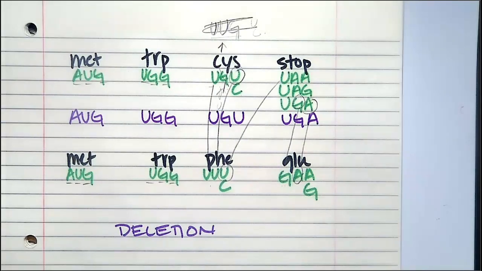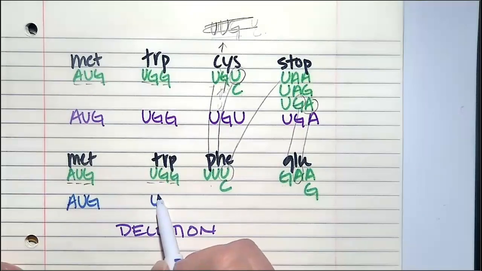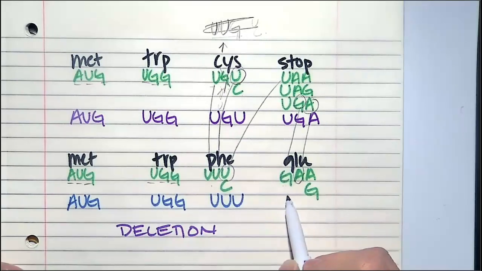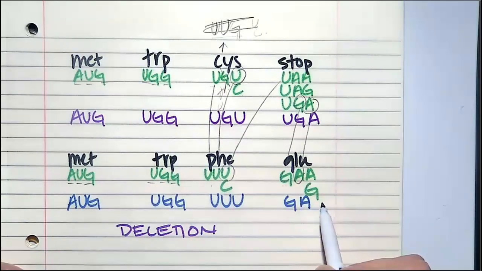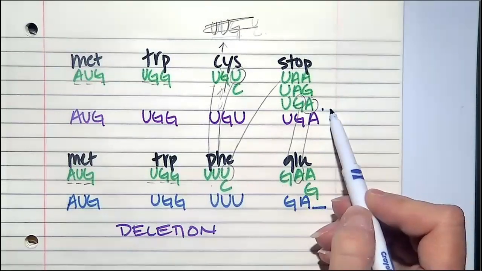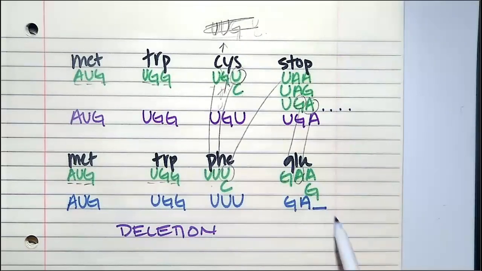And then our mutant is AUG, UGG, UUU, GA. And we don't actually know what's here because we don't have any more information. So we know that this is a G and this is an A, but this could either be an A or a G.